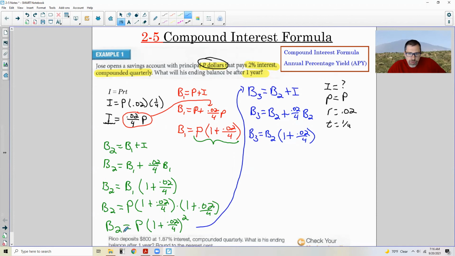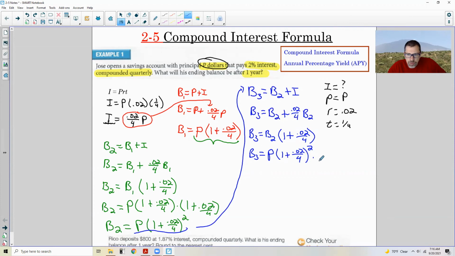Well, B sub 2 is right here. So now we're going to substitute this in. So B sub 3 is going to equal B sub 2, which is P times 1 plus 0.02 over 4 squared. And then we're going to multiply this piece. So this right here is B sub 2. So I'm substituting this in.